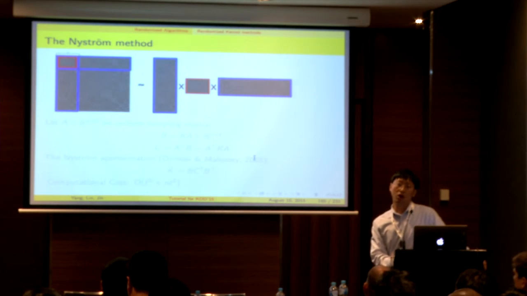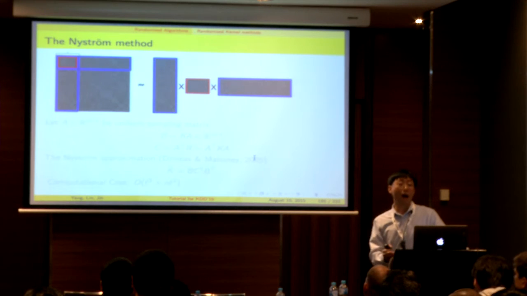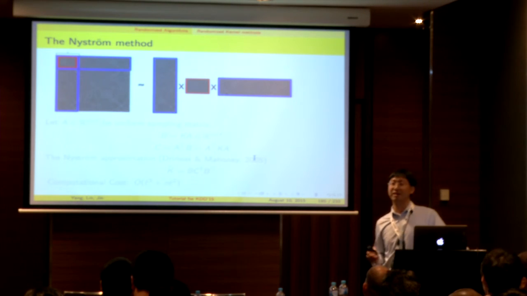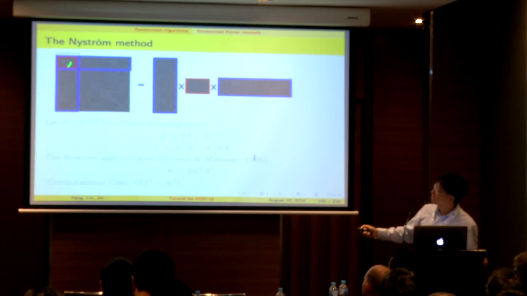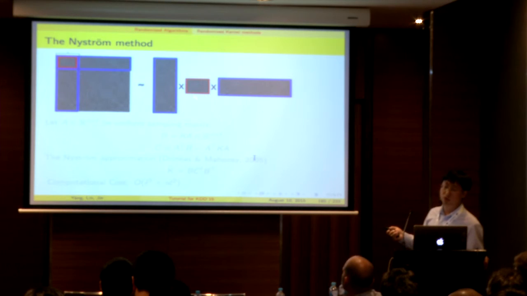In particular, the kernel matrix size is n by n, and we sample m columns, where m is much less than n. This denotes the sampled columns, and then the approximation can be computed by some matrix products.